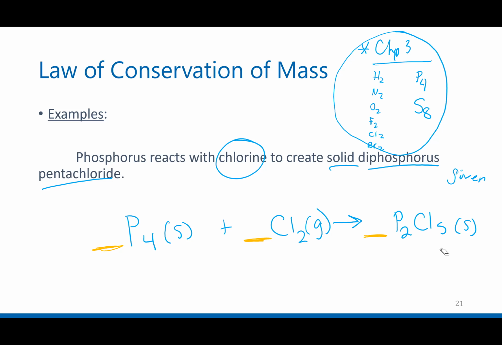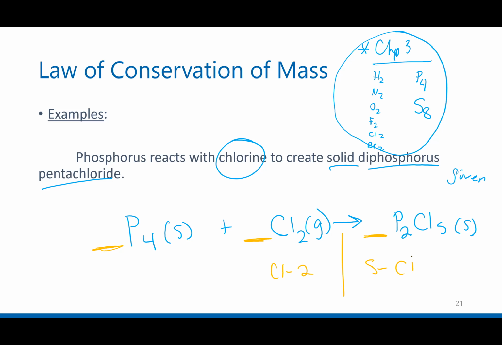So chlorine, I have 2 chlorines on the left, the reactants, and I have 5 chlorines on the right, the products. Now, I need a number that 2 and 5 will both go into. So think of 2, 4, 6, 8, 10, right? Think of 5, 10, 15.